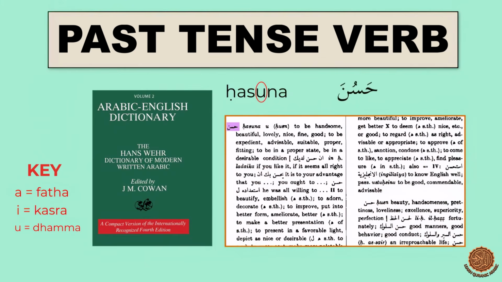What does hasuna mean? If we look at the entry, it says to be handsome. So he was handsome, beautiful, lovely, nice, good, or even it was good, fine, suitable, proper, and so on. Now, when it comes to intelligence, we're speaking of human beings. Everything else on the earth will be considered non-intelligent. But that letter next to it is related to the present tense verb. We'll cover that later on.